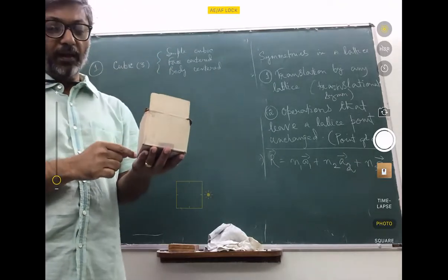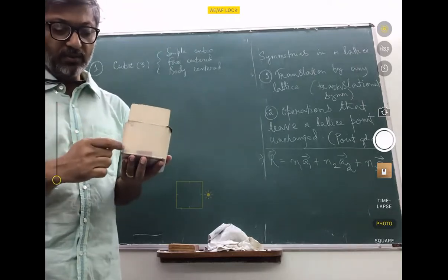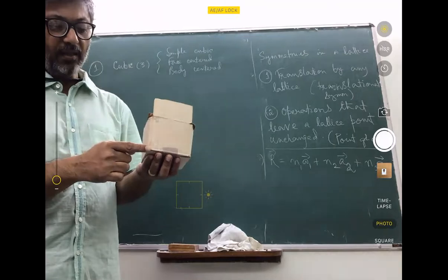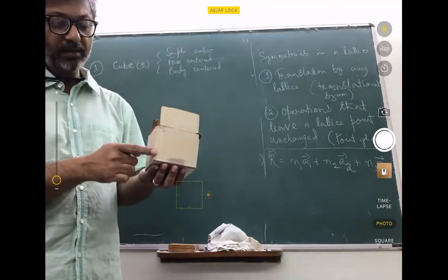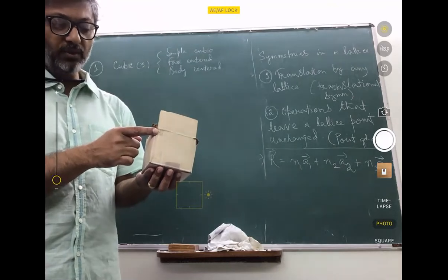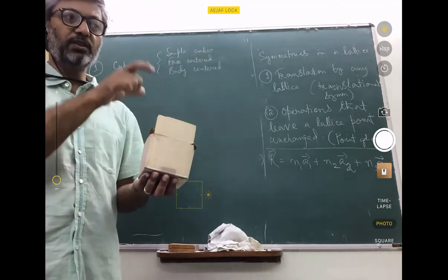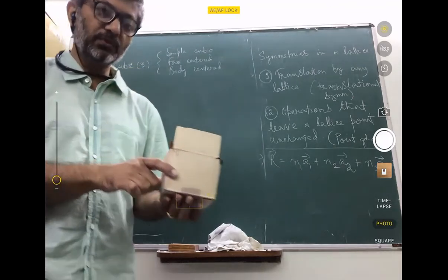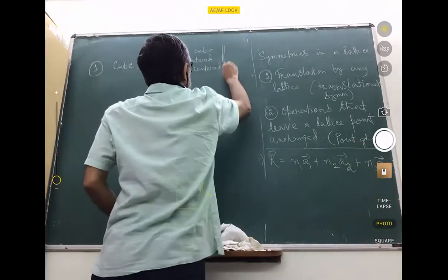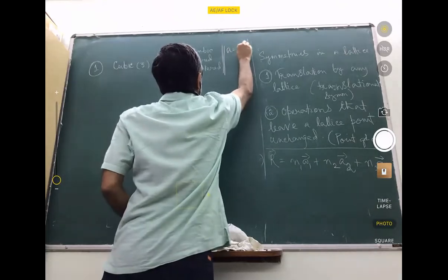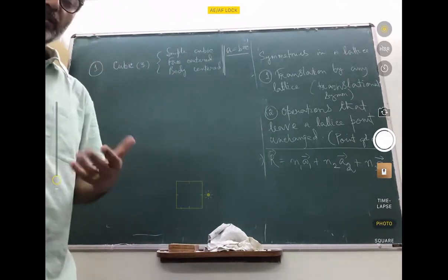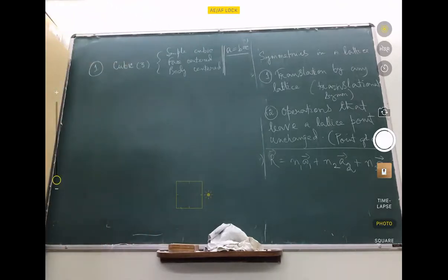If I call the lattice constants A along X, B along Y, and C along Z, then in a cubic lattice, A is equal to B is equal to C. But now I stretch it along the Z direction so that C becomes different from A and B. So the standard notation is A is equal to B, and all angles between any pair of lattice vectors is 90 degrees.